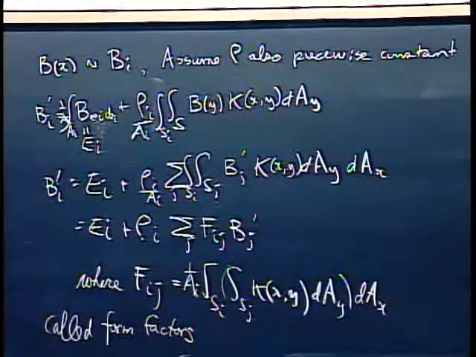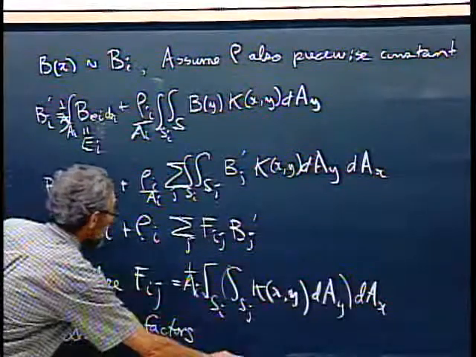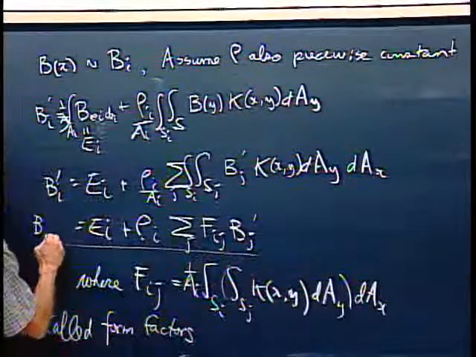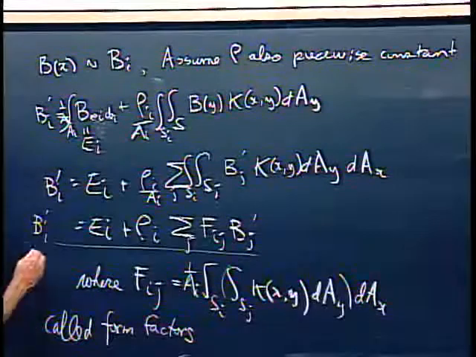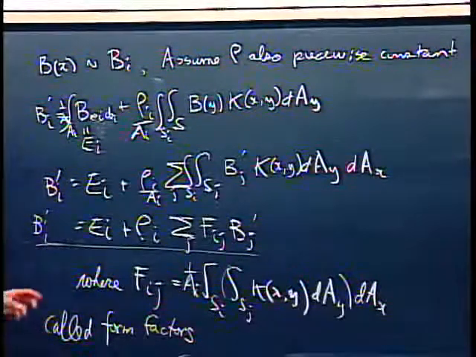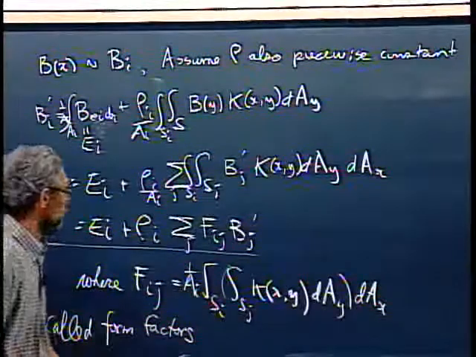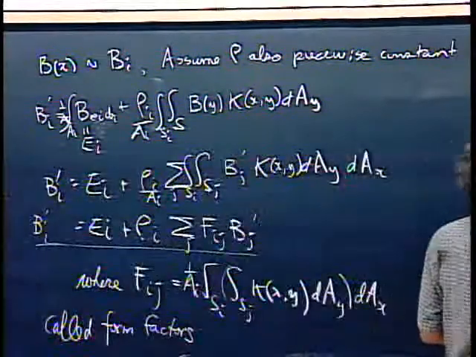So, assuming we could calculate them, and that's a topic for maybe the next 2 lectures, then this thing is just a system of linear equations for the bi prime. In fact, we can make it linear equations by writing it in matrix form and then putting all the b's on the right term.